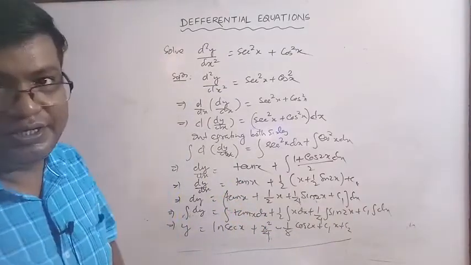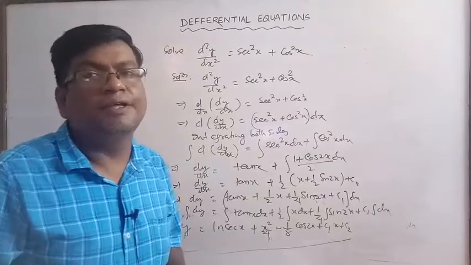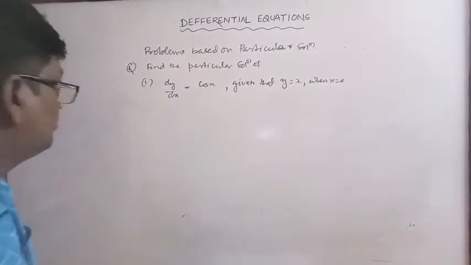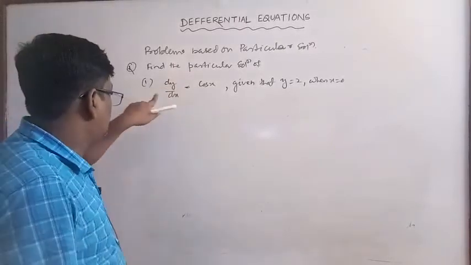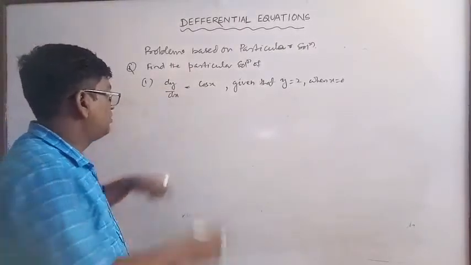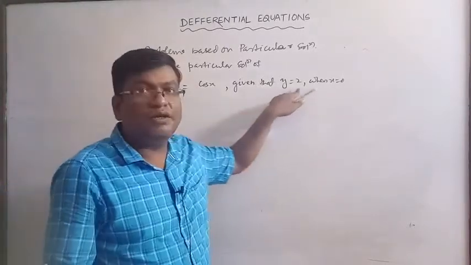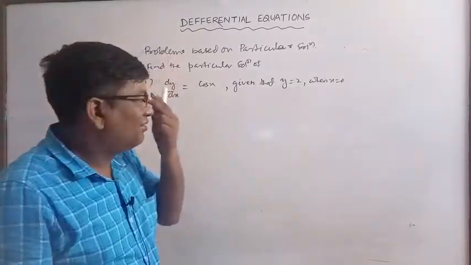Now how to find the particular solution of the differential equation? Find the particular solution of dy by dx is equal to cos x, given that y equal to 2 when x is equal to 0.